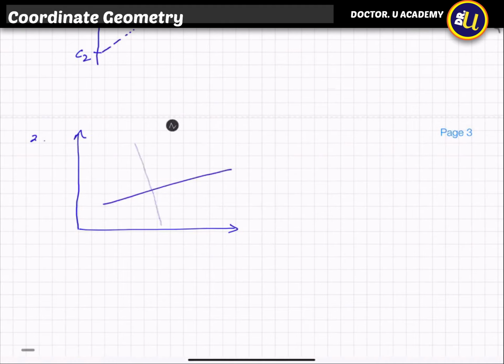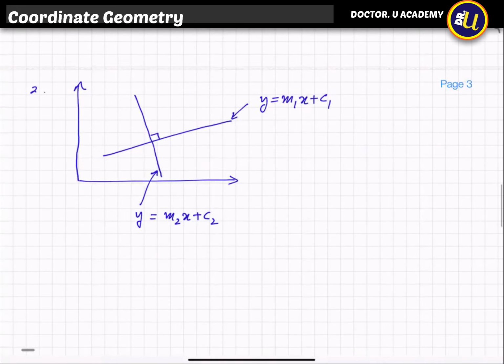Suppose there are two lines, where this line is y is equal to m1x plus c1, and this one is y is equal to m2x plus c2. If those two are perpendicular to each other, then the requirement is m1 times m2 is equal to minus 1. So this is the requirement.